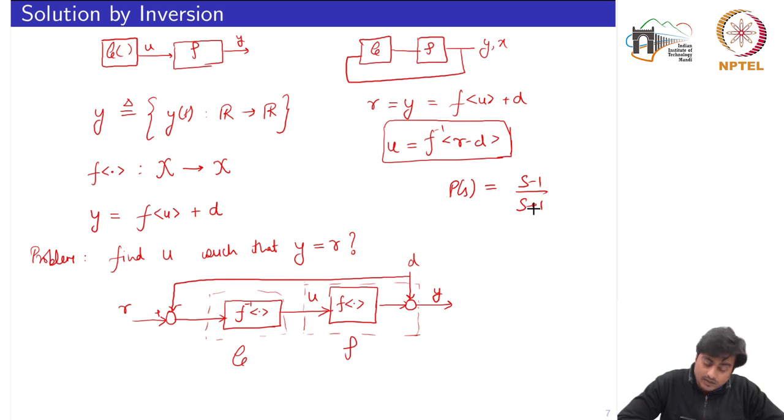If I want to design a controller, that controller would be the inverse of this transfer function, which would be (s plus 1) over (s minus 1). It is clear that this controller would be an unstable controller, and with this controller you won't be able to achieve y equal to r.